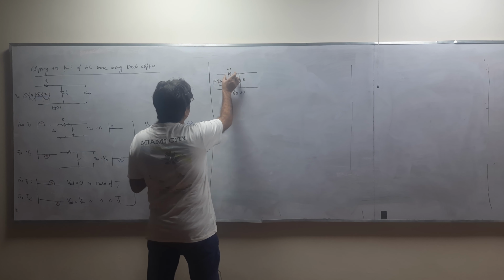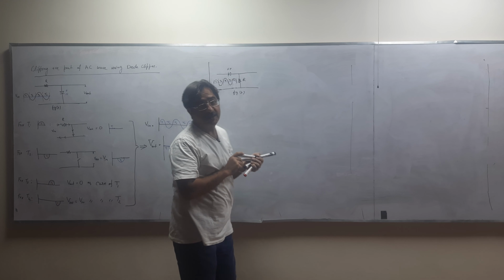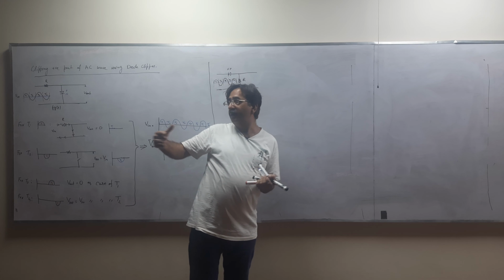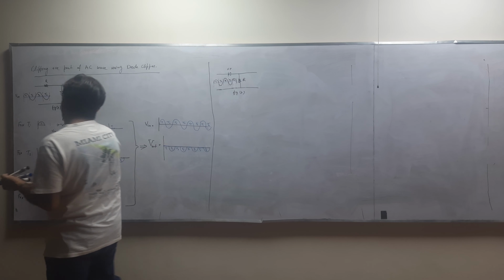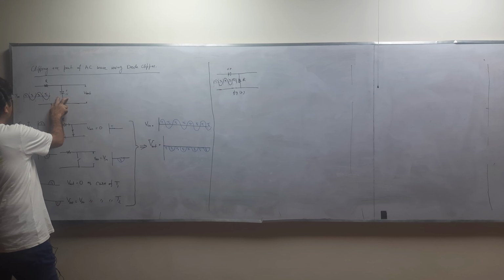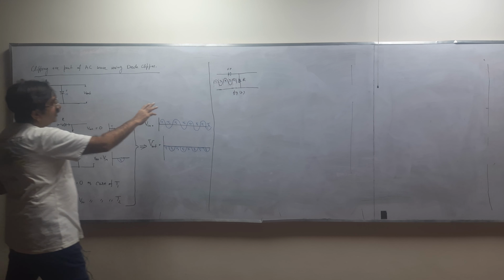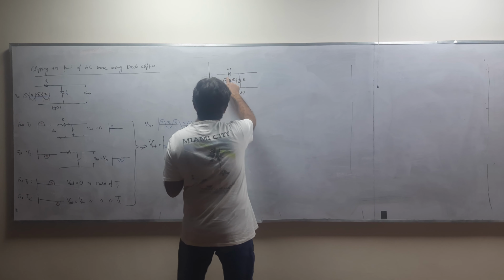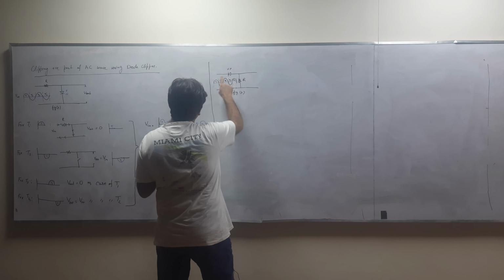This diode is connected in reverse. For T1, the diode was forward-wise, behaving as a short circuit, but in the reverse case, for the positive, it will be treated as open.